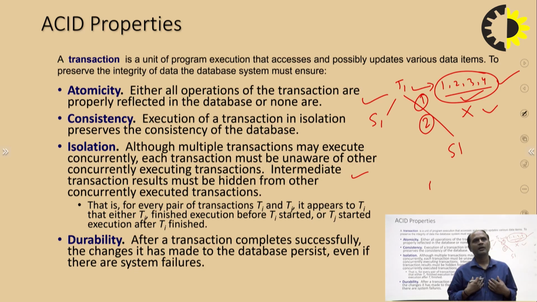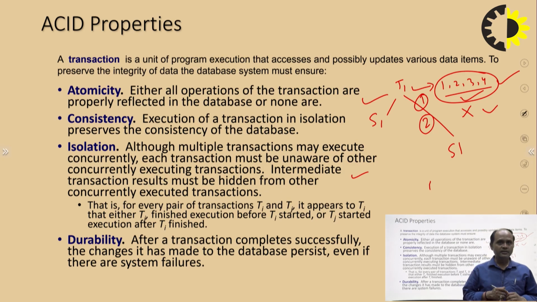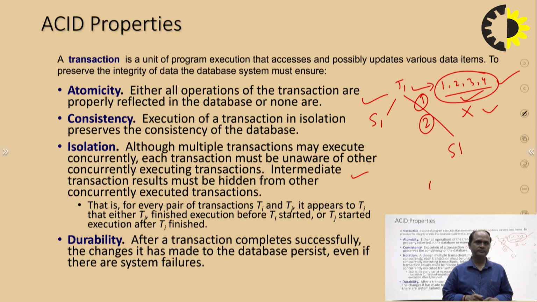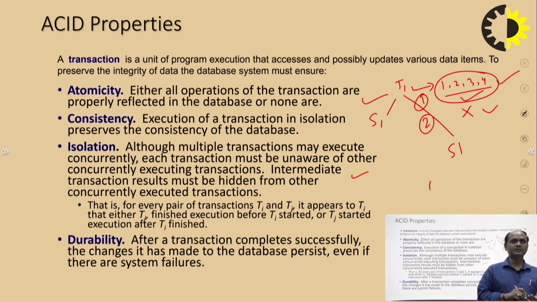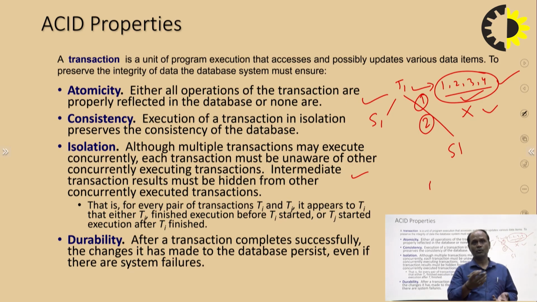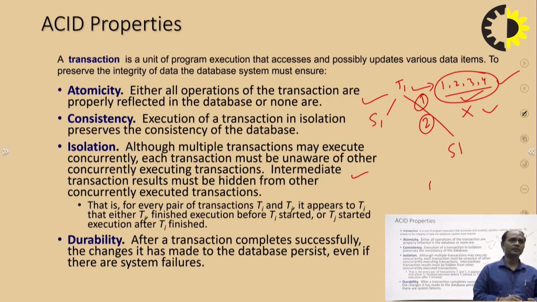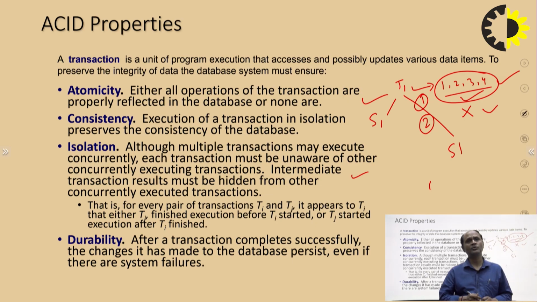Suppose I have an account in a bank like PNB, Bank of Baroda, or SBI. What type of transactions do I do in my account? Either a balance check, depositing rupees, withdrawing rupees, or updating my personal details.